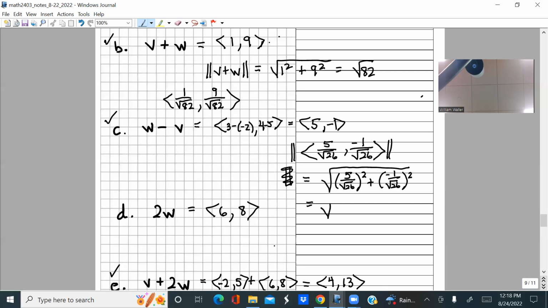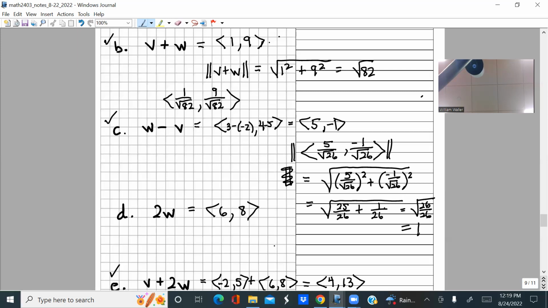So we will get, let's see, 25 over 26 for this square, plus 1 over 26 for this square, and that looks like 26 over 26. And indeed, that's 1, right?